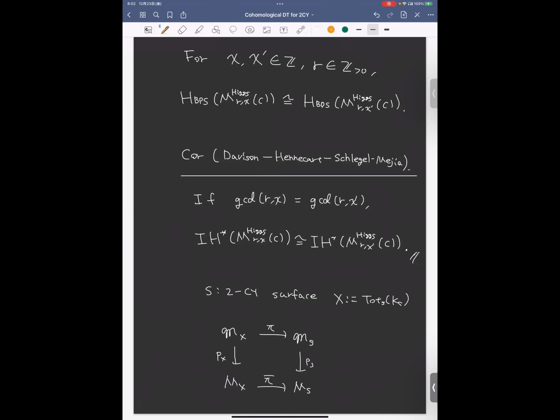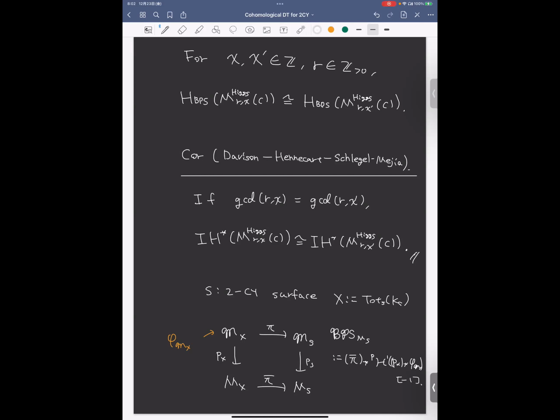By the work of Joyce, there's a canonical perverse sheaf here, and the BPS sheaf is defined to be pi bar push forward of the first perverse piece of P_X push forward of phi of M_X, shifted by -1.